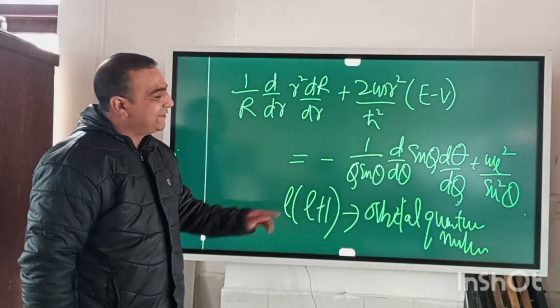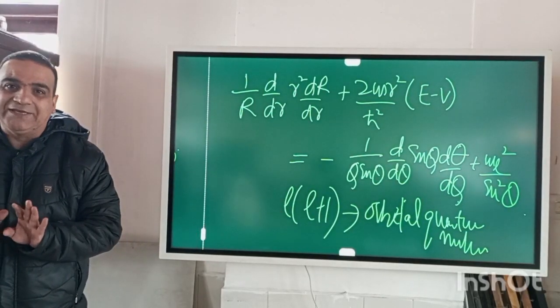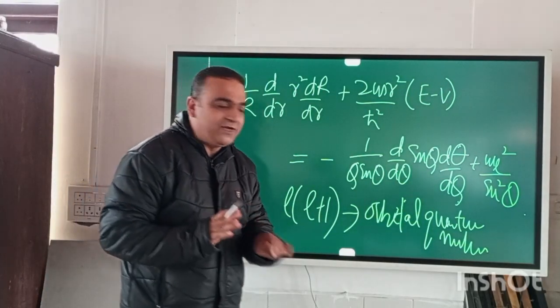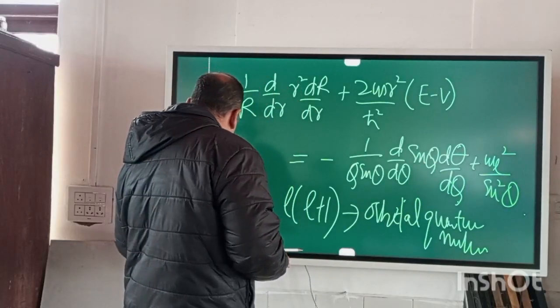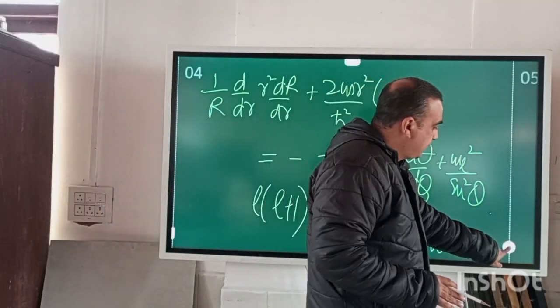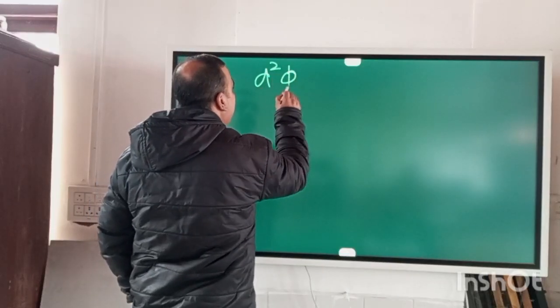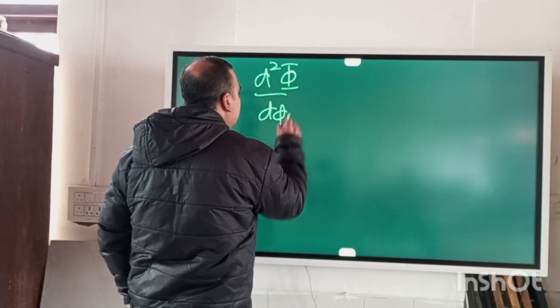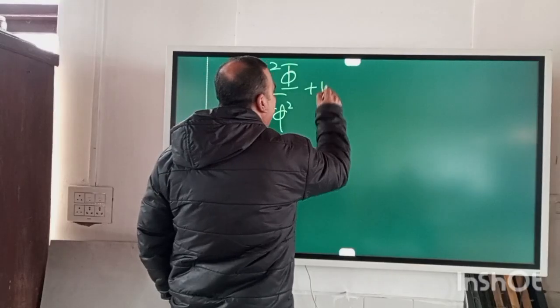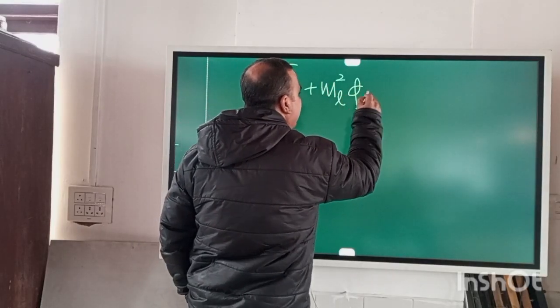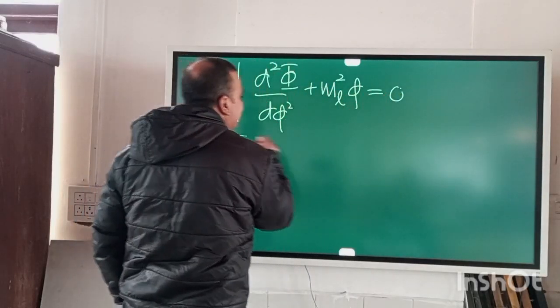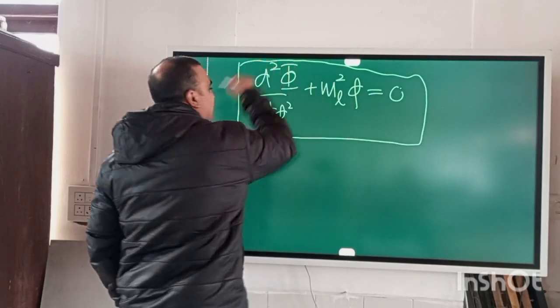So when I do this, I will have 3 equations in place. Can you tell me the first equation in terms of phi? The first equation was d2 phi by d phi 2 plus ml square phi is equal to 0. This is my first equation.